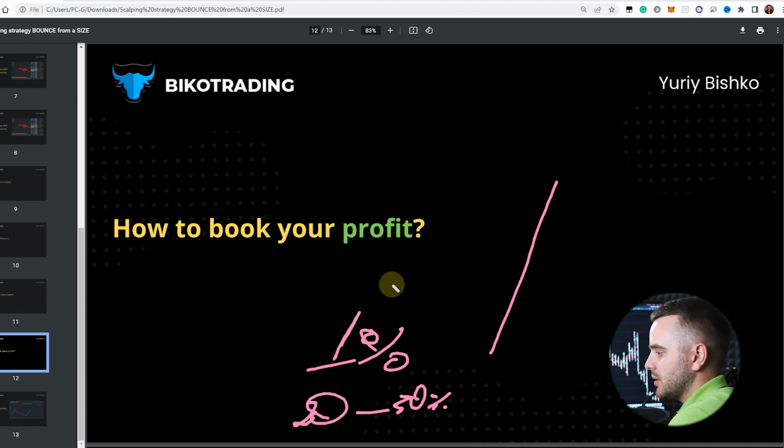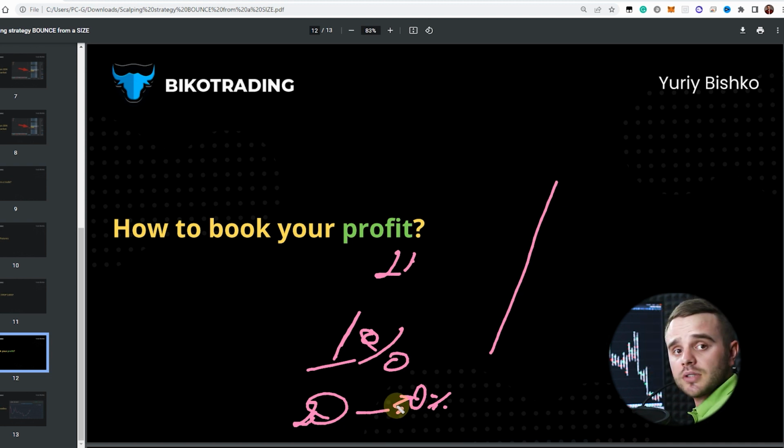When price reaches 2%, book an additional 20-30%, and after that you should see by technical analysis what to do. By the way, we have a full lesson about technical analysis, a full course, on how to use technical analysis, because to take 1%, 2%, or keep it for 20, it depends where this size is according to technical analysis, and you need to know that.